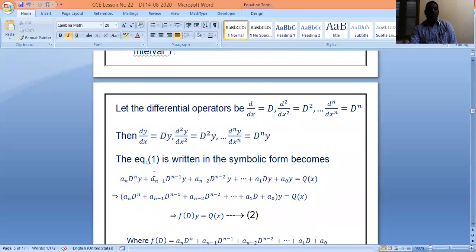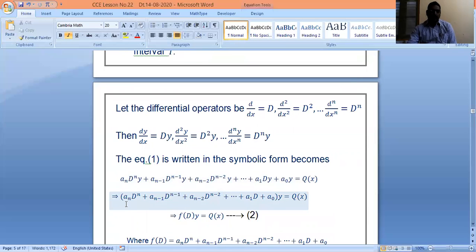Now equation 1 written in symbolic form becomes a_n D^n y + a_(n-1) D^(n-1) y + a_(n-2) D^(n-2) y + up to a_1 D y + a_0 y = q(x).